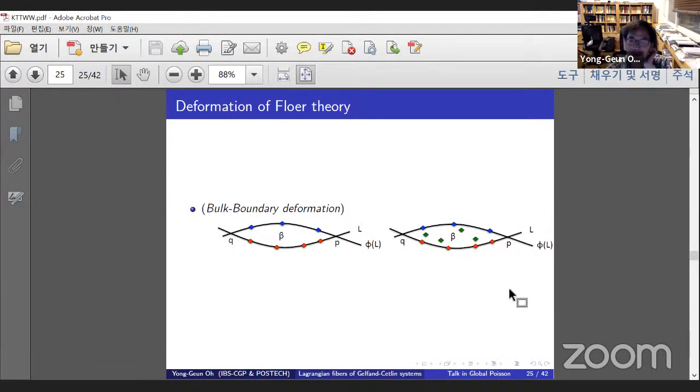I sort of pictured here the way we deform this boundary map: by inserting those chains from the boundary Lagrangian, meaning that we are going to count the holomorphic maps that intersect with those given cycles. That cycle may come either from the boundary or from the interior. The left-hand picture here is a boundary insertion.